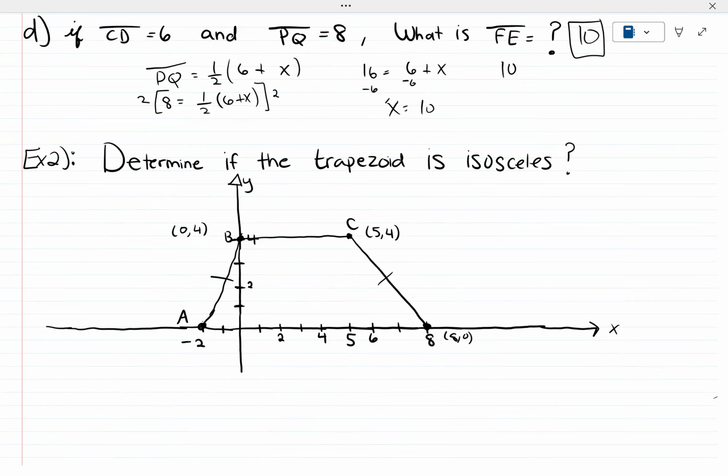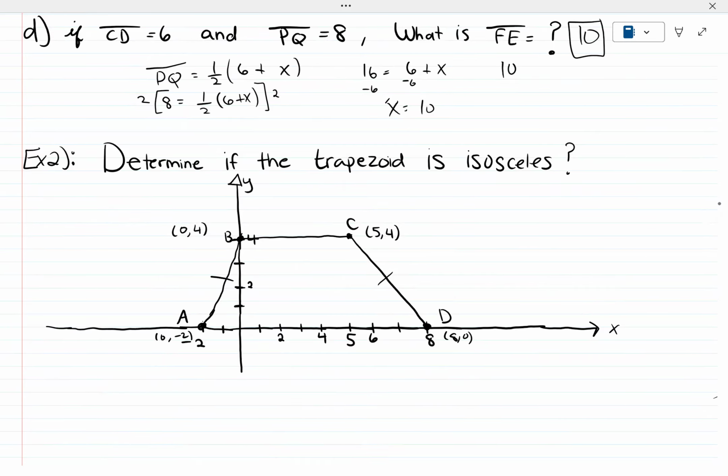But they don't give us any lengths; they give us coordinates. Let me label this better. Coordinate A is (0, -2). Coordinate B is (0, 4). Coordinate C is (5, 4). Coordinate D is (8, 0).